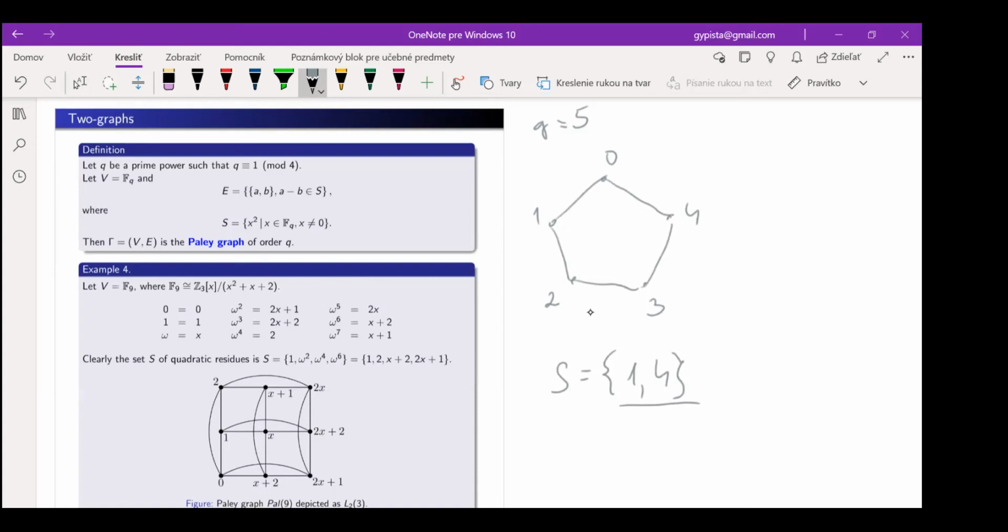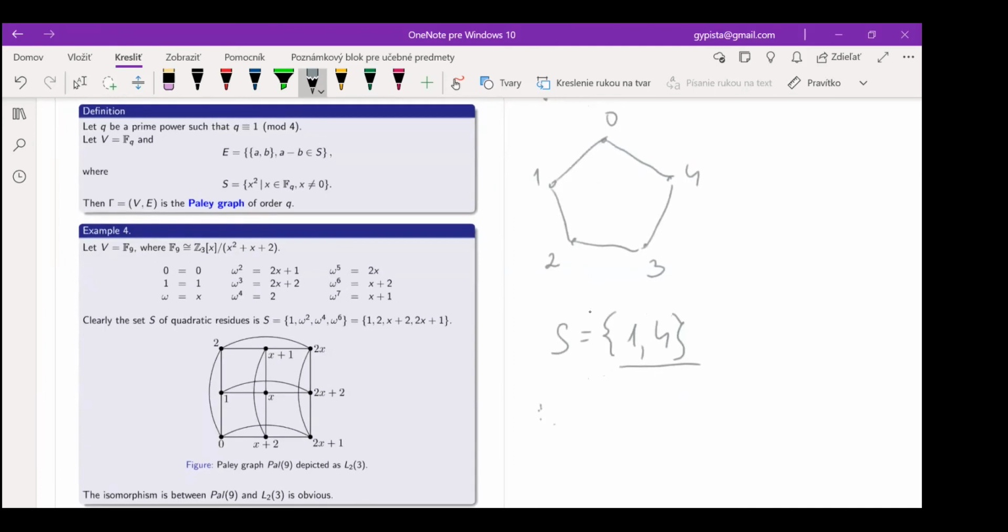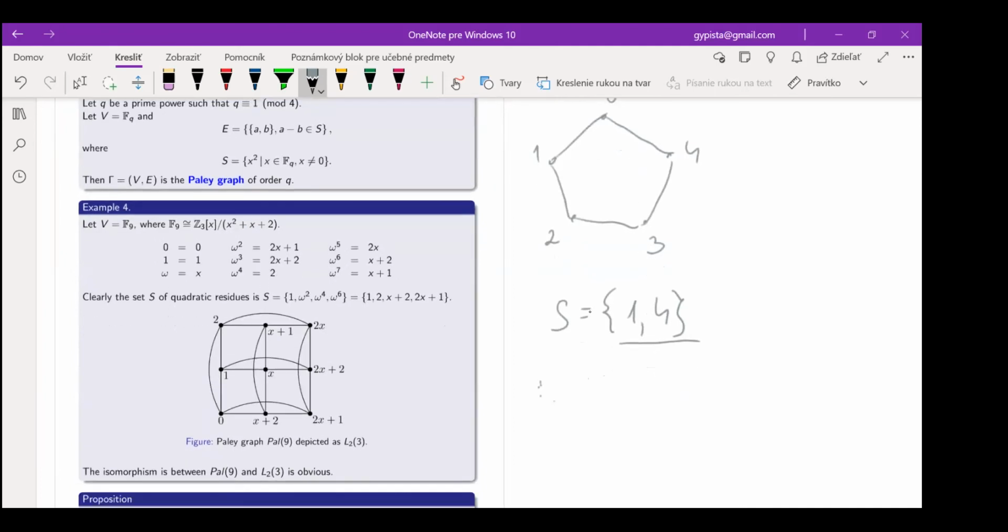A little bit more complicated example is obtained when we consider the finite field of order 9. So let us consider the finite field of order 9 in which x squared plus x plus 2 is 0.